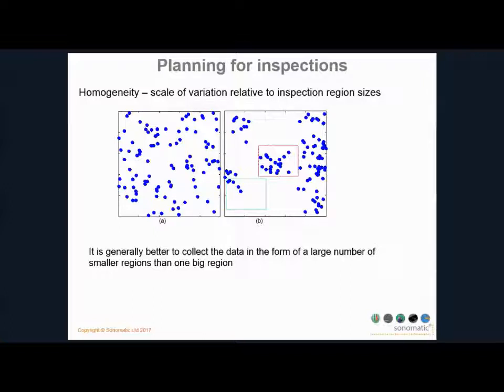It's more likely to hold the same number of defects, whereas with the one on the right, you can see if we were inspecting only an area indicated by the green and the red boxes, we could easily run into a situation where we either capture a very high density of corrosion, which would be unrepresentative of the situation overall, or we might even put that box in an area where there's no corrosion at all, which would give us a completely wrong impression of what's going on, and obviously an unrepresentative statistical analysis. So in general, it's much better to collect the data in the form of a large number of smaller areas than one very large region.